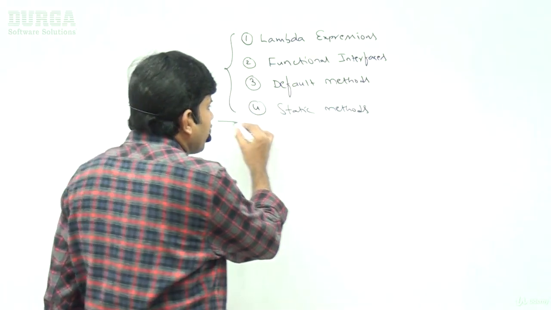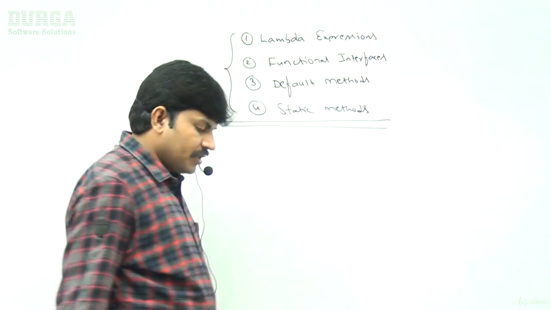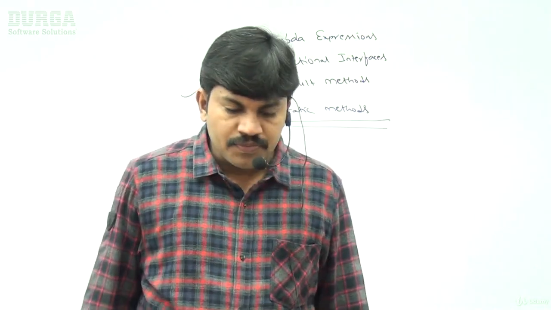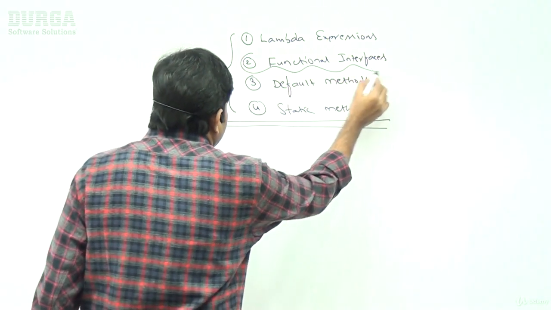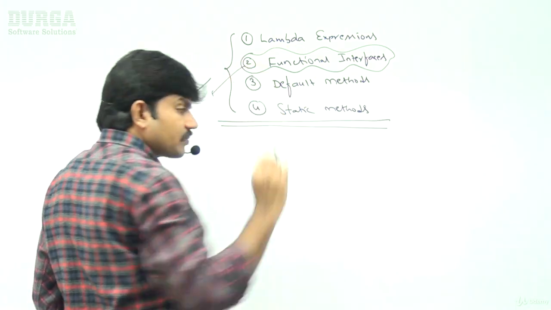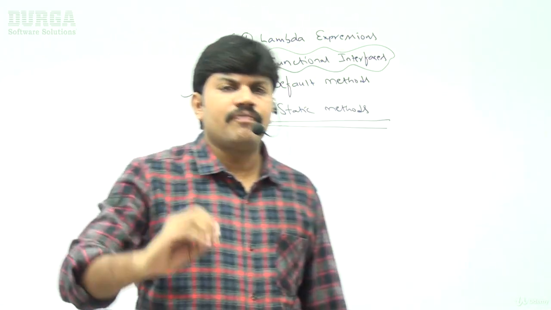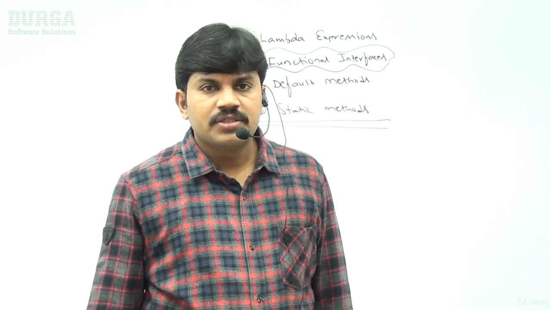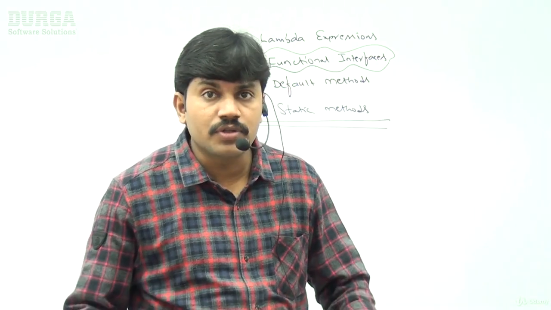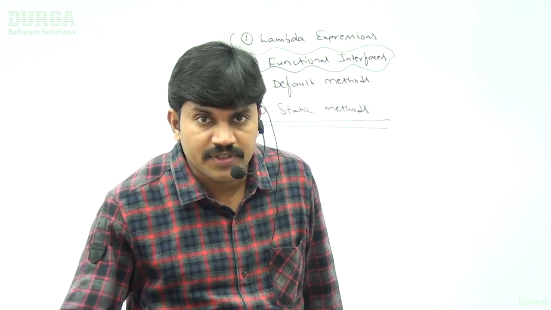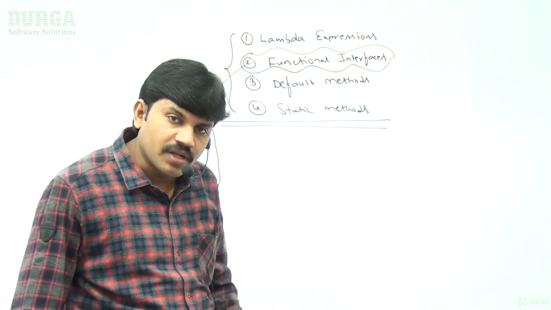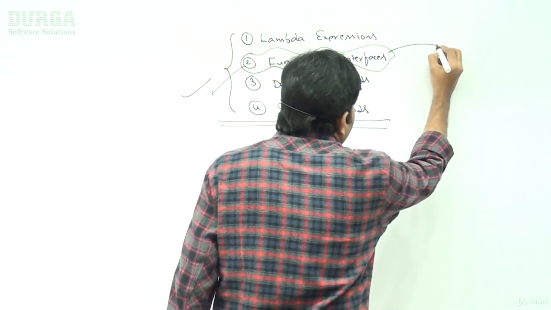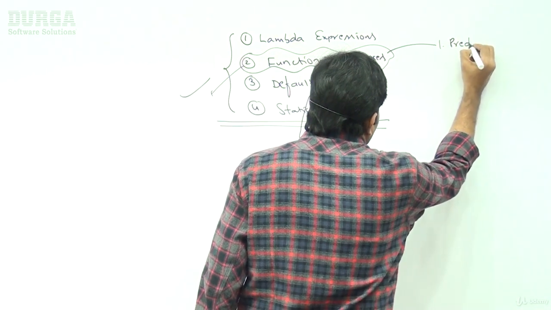These are the things I covered in the last videos. Now, in this current video, we have to talk about these functional interfaces in a bit more detail. There are some predefined functional interfaces already provided by Java, and we are allowed to use them directly. What are these predefined functional interfaces? One is Predicate.